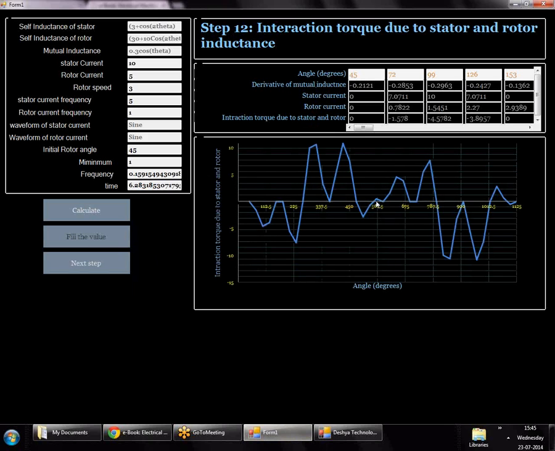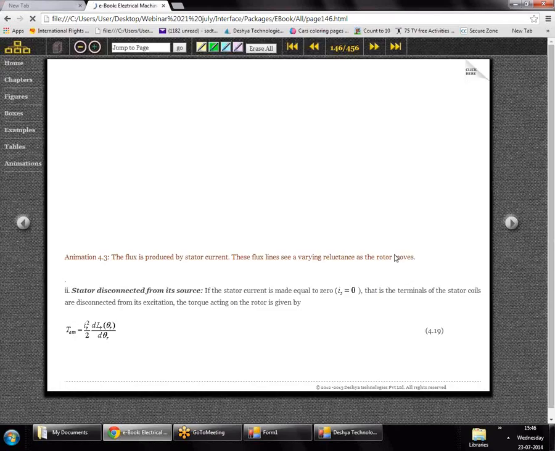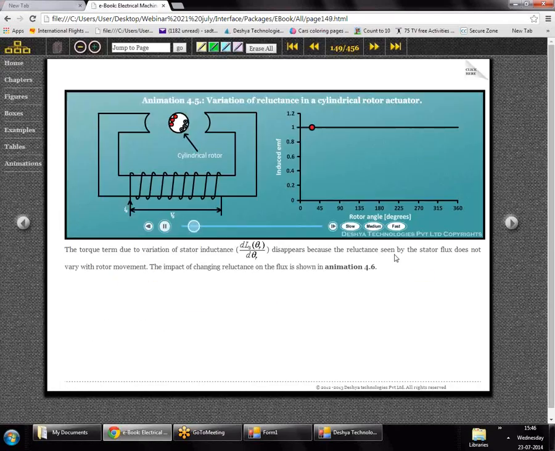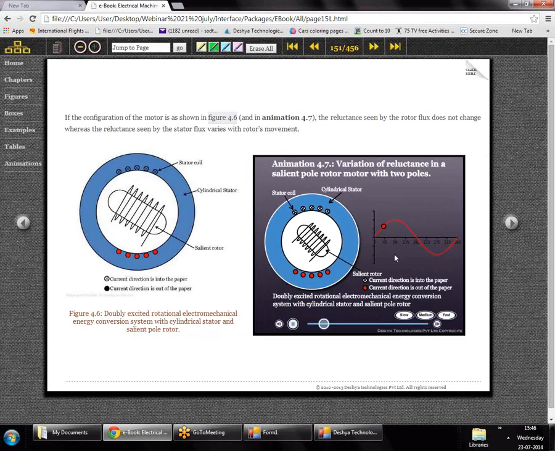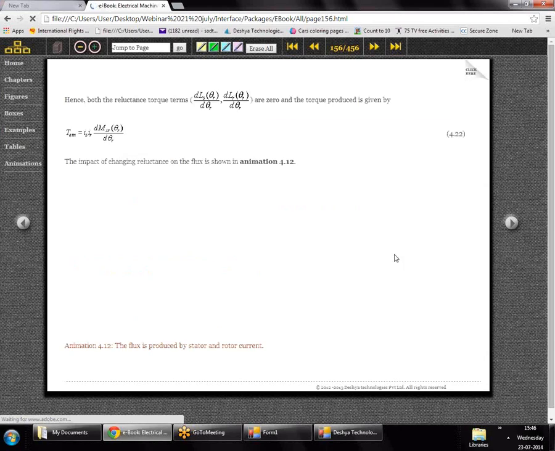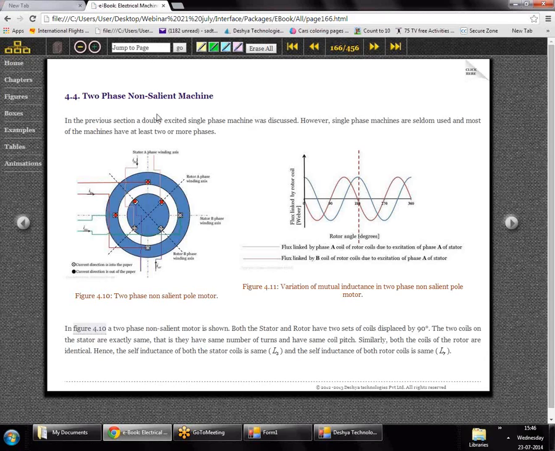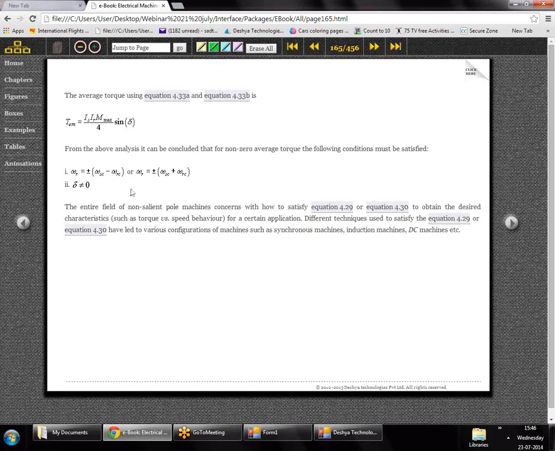And here we have all the values: derivative of the mutual inductance, stator current, rotor current, and if I fill in the interaction torque and integrate that over a time period that we have over here, this is again going to be 0. It is 0 because we can see from our discussion that it does not satisfy any one of the 4 conditions for the supply frequencies, and those 4 conditions were given here in the expression.